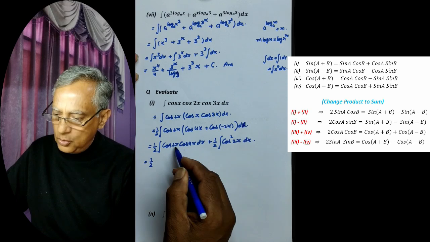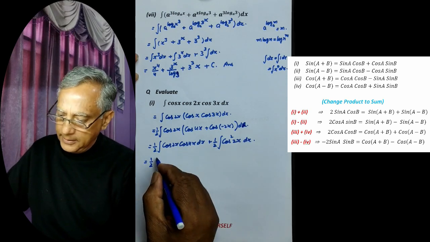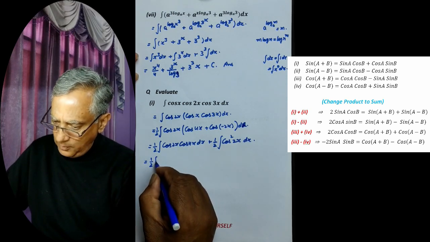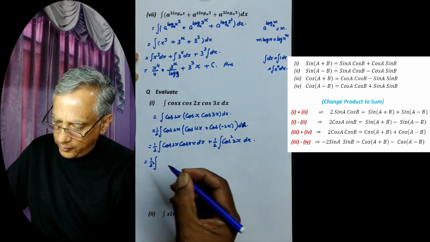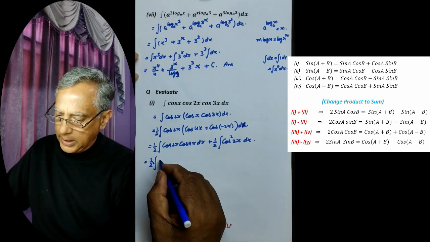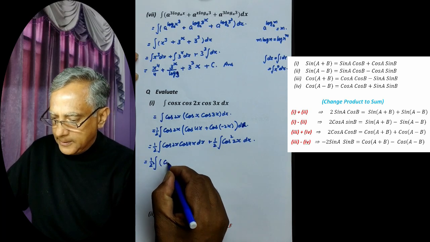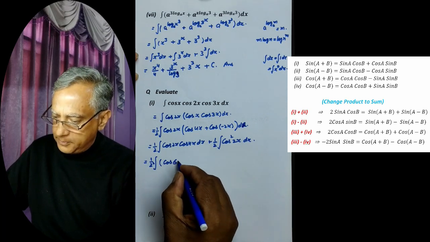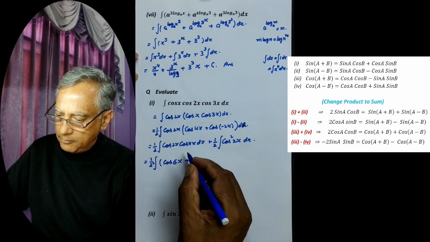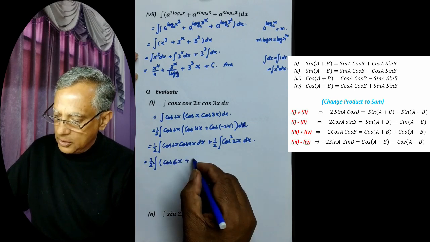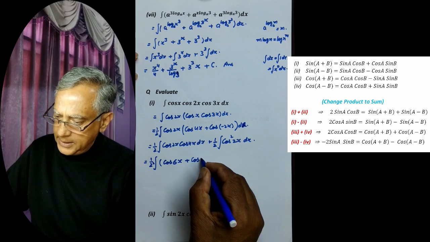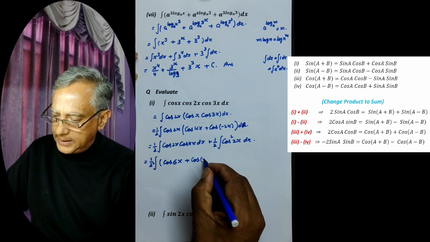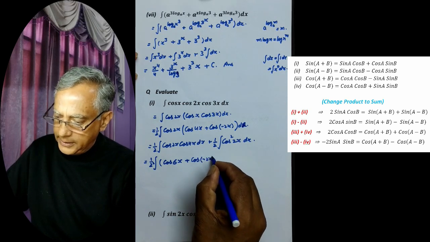We will again use this formula to separate this. This will be 1 by 2, so we will have 1 by 2 square cos of a plus b. Cos of a plus b is cos of 6x plus cos of a minus b. Cos of a minus b will be cos of minus 2x, but cos of minus theta is cos of theta.